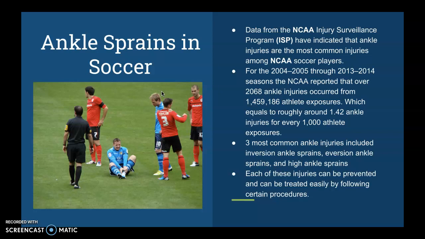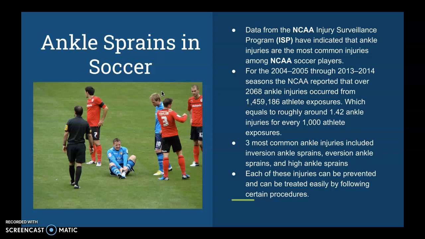Athlete exposures being practices, games, or even other physical activities regarding the sport and their training sessions. And that roughly equals around 1.5 ankle injuries for every 1,000 athlete exposures.